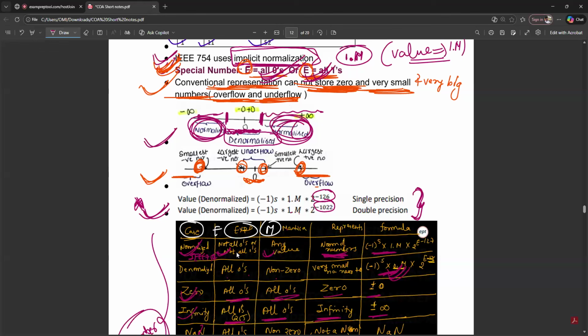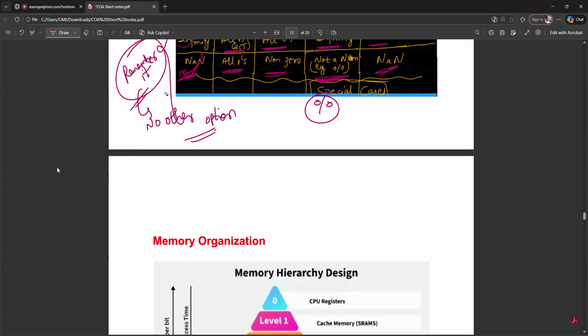The exponent is all zero, so here you can inject e equal to 0 also. So it turns out to be 2 to the power minus 126. There is no issue for that, but here I think it will be 0.m. It will be 0.m.